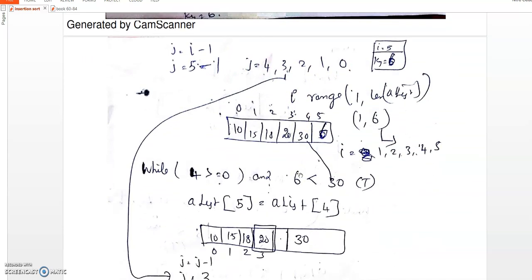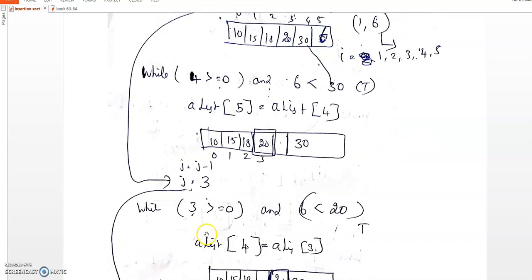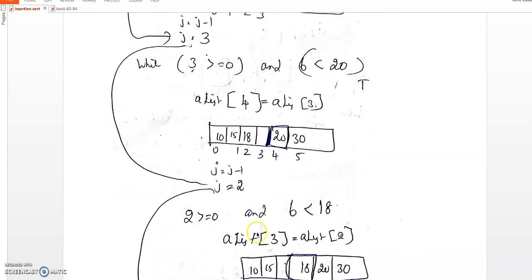Understand? So first I am comparing this. Yes, greater than. So the 30 will be moved to the next position, and then j will be decremented. j becomes 3, and the third value is compared with the 6. And once again the condition is true. So I am moving it to the next position and decrementing the j value. j value is 2 greater than 0, and once again I am comparing the 6 with the 18.